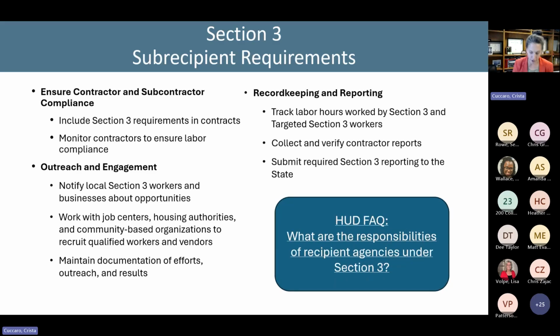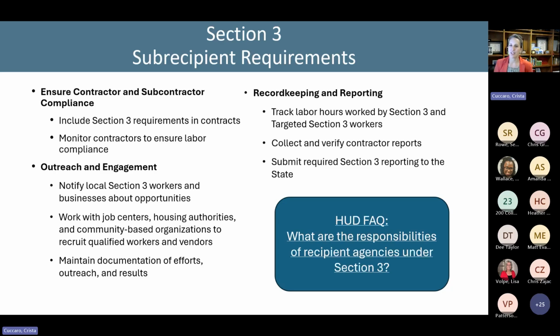HUD has FAQs on all sorts of topics, including Section 3, and I found that this FAQ was particularly useful in understanding the expectations that HUD has for subrecipients. You can click on that link and see the full list of what HUD expects, but what stood out to me was the introductory language in response to this question, which was that recipient agencies are expected to take an active role ensuring Section 3 compliance, right?